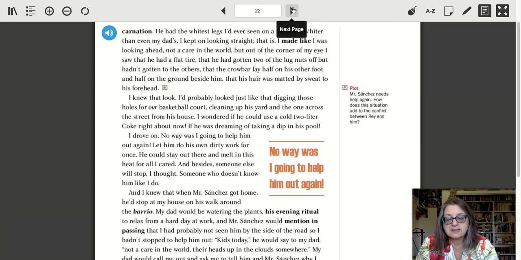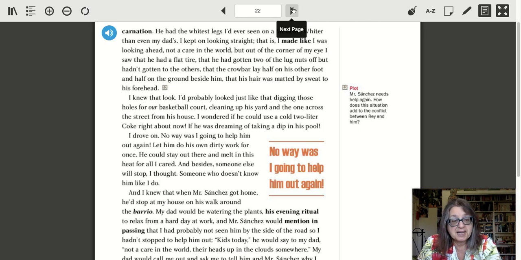That is, I made like I was looking ahead, not a care in the world. But out of the corner of my eye, I saw that he had a flat tire, that he had gotten two of the lug nuts off but hadn't gotten to the others, that the crowbar lay half on his other foot and half on the ground beside him, that his hair was matted by sweat to his forehead.